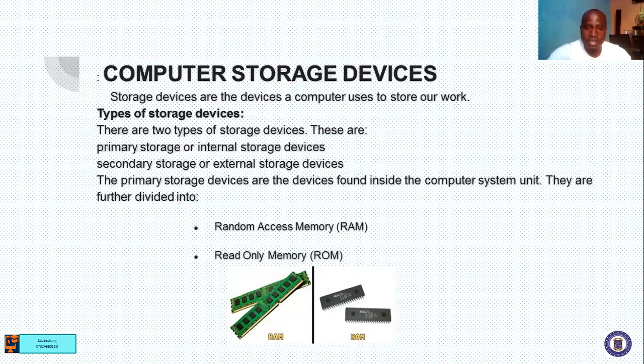The general name is memory. It's only that it is divided into RAM and ROM. As we can see from these pictures, on the left-hand side we are seeing the RAM, and on the right-hand side we have the ROM, that is read-only memory.